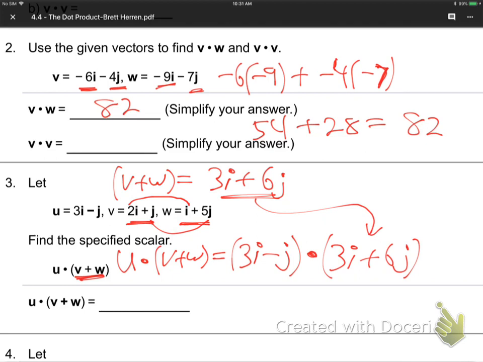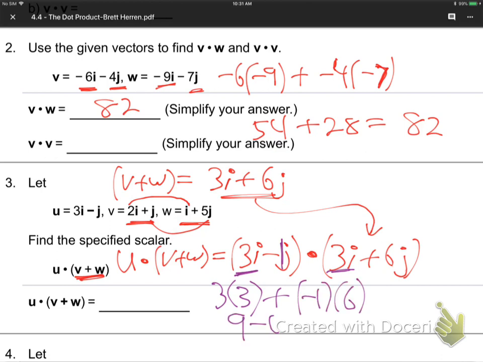I just added v and w, 3i plus 6j, and brought over vector u, 3i minus j. Now let's do the dot product. How do you do the dot product? It's a simple FOIL. It's just i with i, 3 times 3, plus j with j, negative 1 times 6. What's that? 9 minus 6, 3. So the answer is 3.